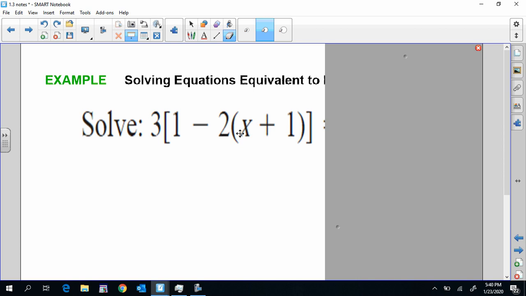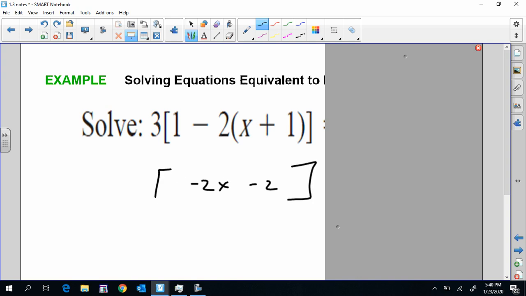Therefore, there'll be no changing of signs. There'll be no flipping of symbols. It'll just be PEMDAS. I'll take the negative 2. There's nothing inside the parentheses. I'll get negative 2x. As I distribute, I get negative 2.